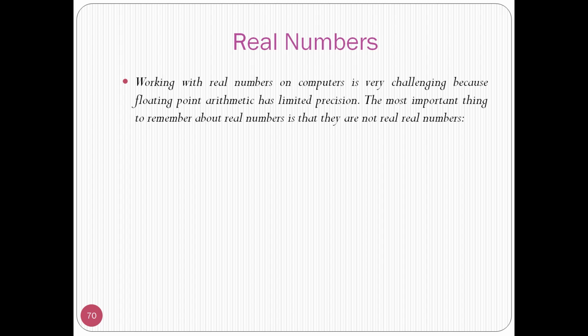Generally, we can easily deal with binary or decimal values, but when we deal with real values, which use floating point arithmetic, only a limited precision can be used. And the most important thing about real numbers is that they are not real, as in the mathematical real numbers.